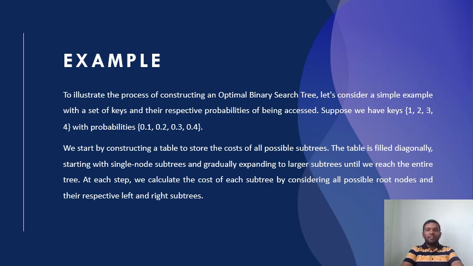The table is filled diagonally, starting with single node subtrees and gradually expanding to larger subtrees until we reach the entire tree. At each step, we calculate the cost of each subtree by considering all possible root nodes and their respective left and right subtrees. This is an example of the way of constructing an optimal binary search tree. Let us look at the next slide.